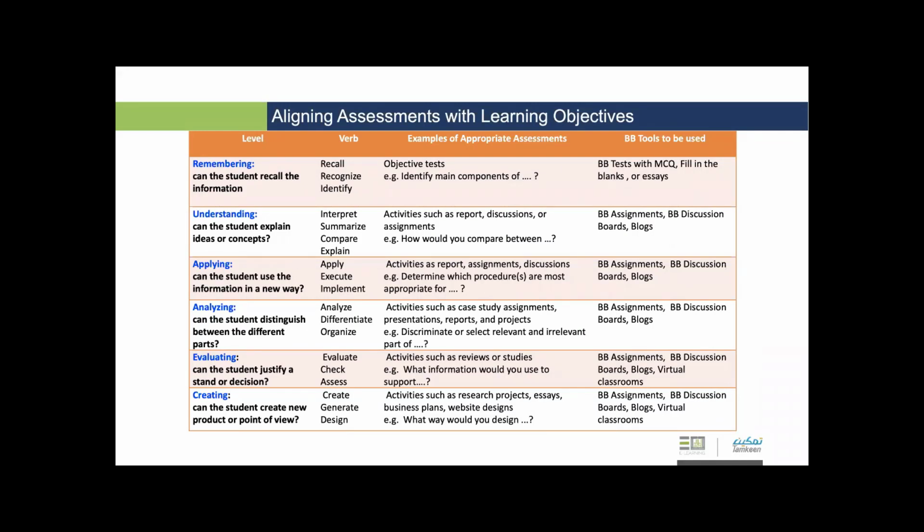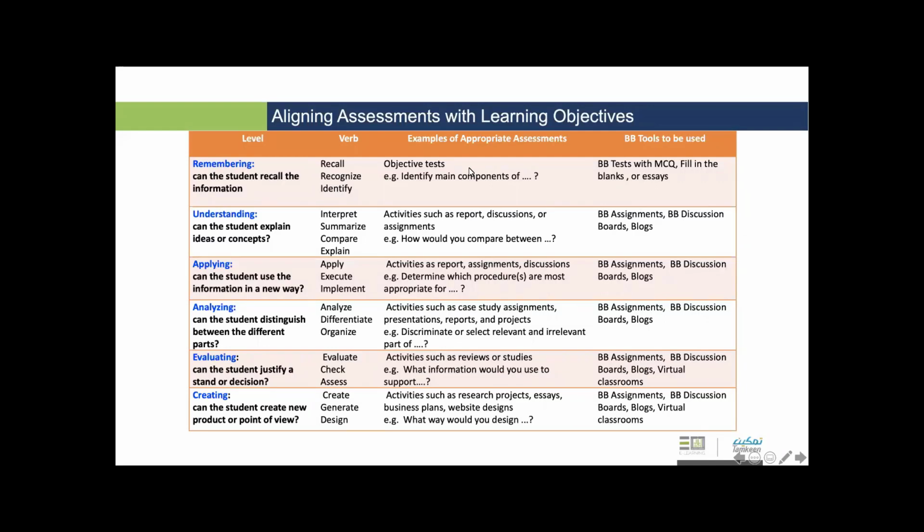So this model classifies learning objectives into levels of complexity, starting from the basic level, remembering, to the highest level, creating. So if you want your student to recall information, you can use a set of action verbs like recall, recognize, or identify. And the appropriate assessment for this type of learning objective is a Blackboard short test or assignments.